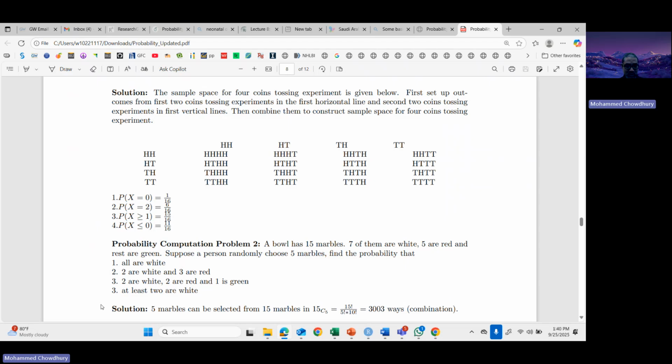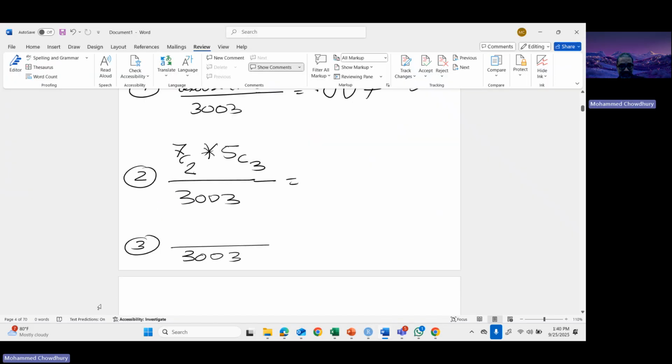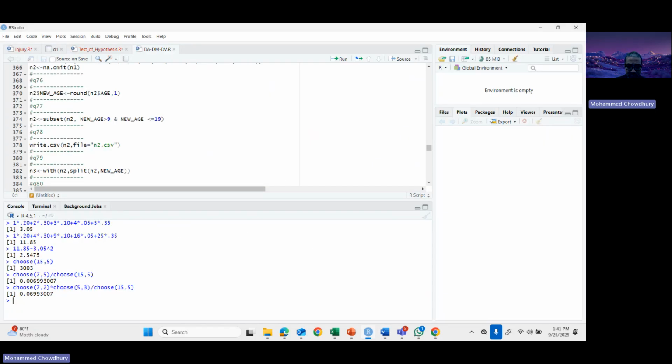So now come to the next one: 2 white, 2 red, and 1 green. That could be done by using 7 choose 2, 5 choose 2, 3 choose 1, right?